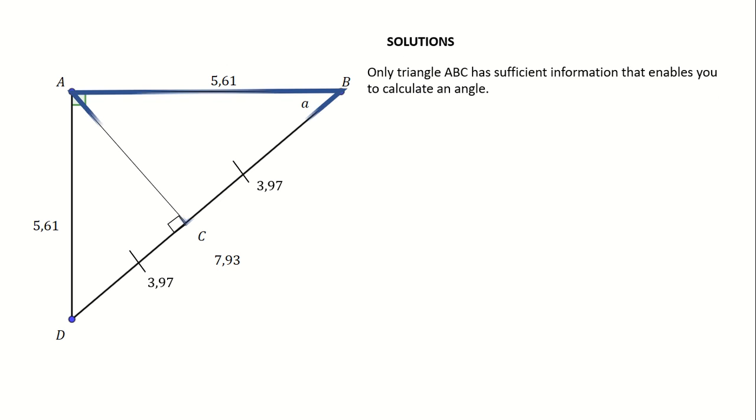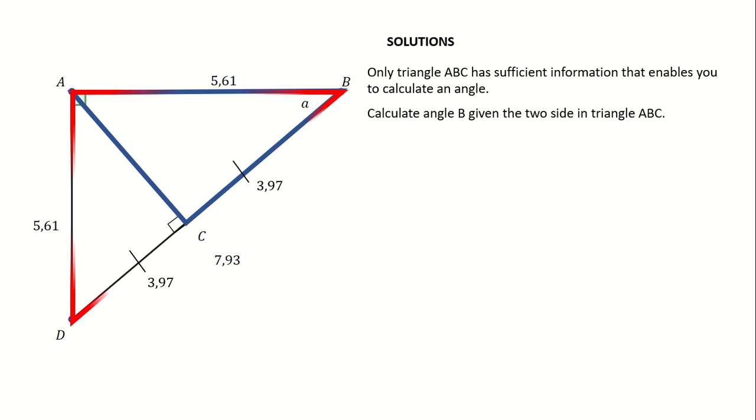What you need to know is that in that triangle, I do have the adjacent and the hypotenuse, so I will simply say cos of alpha is equal to adjacent, which is 3,97, divided by hypotenuse, which is 5,61. In the red triangle, I also need to note that if the sides are equal, opposite angles will also be equal.